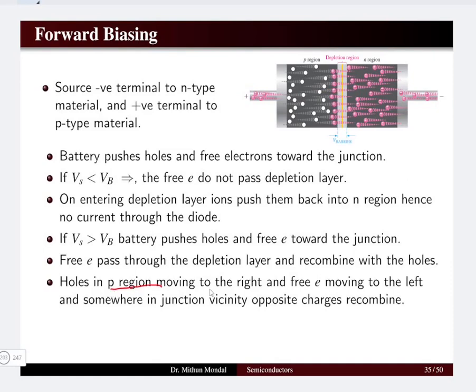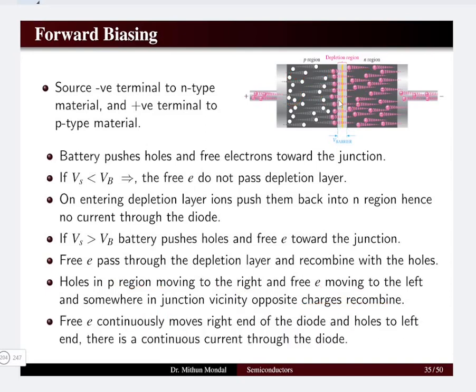Holes in the P region move to the right, free electrons move to the left, and somewhere in the junction vicinity opposite charges recombine.